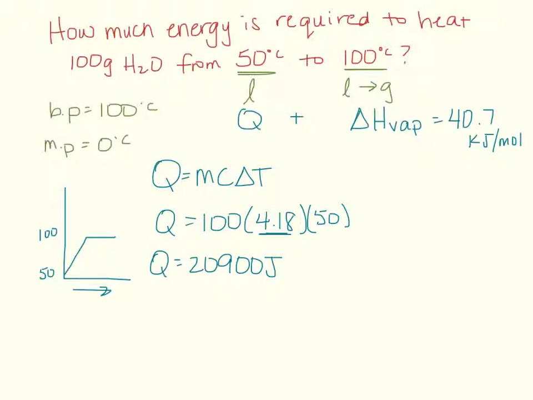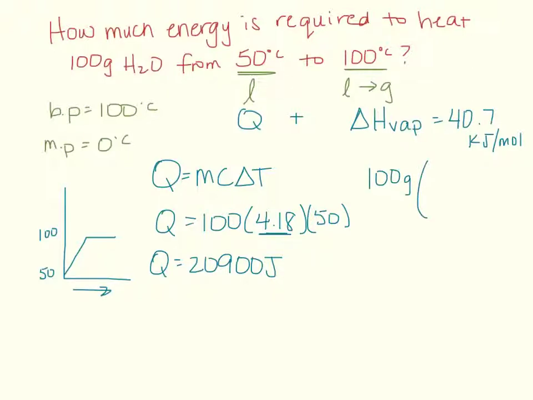So what this means is it takes 40.7 kilojoules of energy to take 1 mole of water from a liquid phase to a gas phase. I'm not sure how much water I have in terms of moles. I know I have 100 grams, but my delta H vap measures things in terms of moles. So I need to change my 100 grams of water to moles.